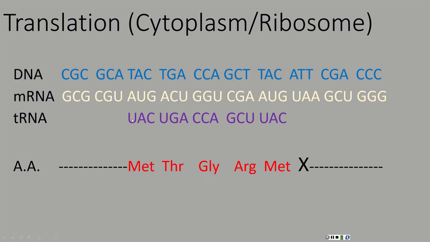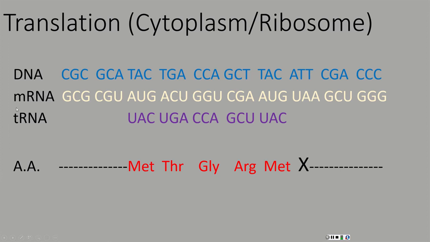Well, we have our anticodons, the three letters of transfer RNA. These are the guys that go and grab the amino acids and bring them back to the ribosome to lay them down. And we know that they are the anticodons because they base pair with our messenger RNA.